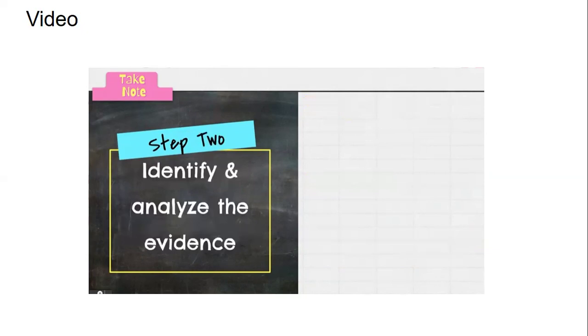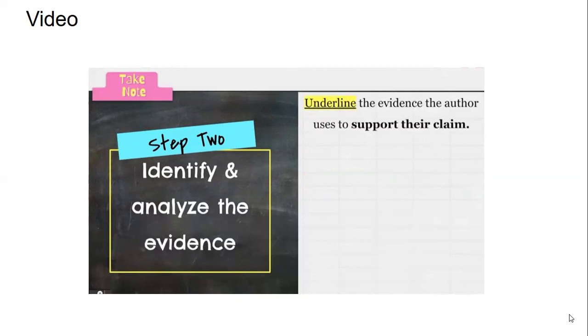All right, step two, identify and analyze the evidence that the author uses. What you're going to do is underline evidence that the author uses to support their claim. So again, this is facts, statistics, expert quotes that the author has included in their paper that make their claim true.